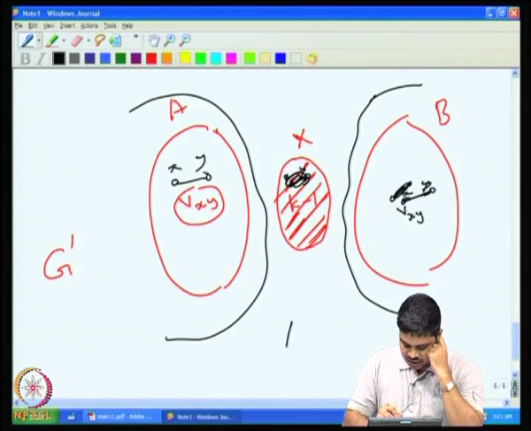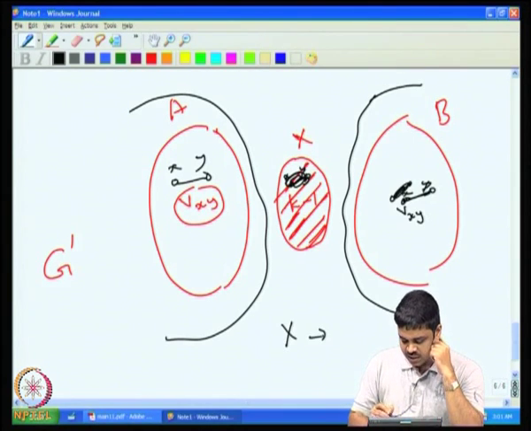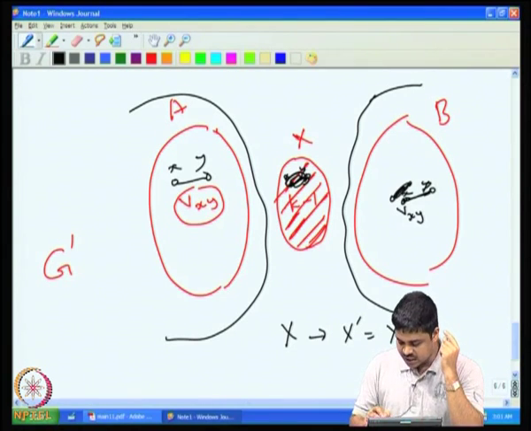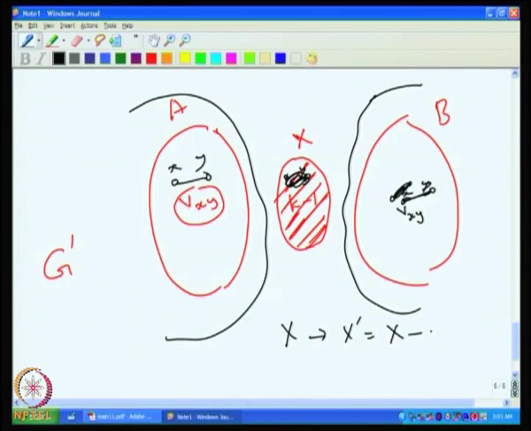What will happen? The x will get converted to a separator x dash now, which is essentially x minus Vxy union x comma y, right. So, instead of Vxy, I am putting x and y in this. We will call it x dash.